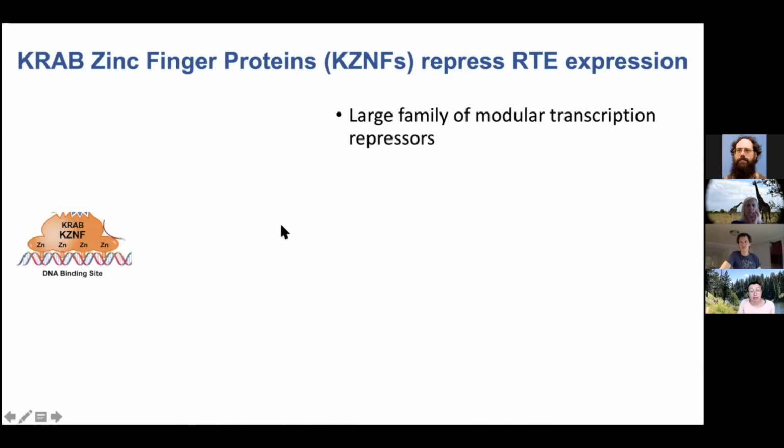One of the major ways is through a large family of transcription factors called the KRAB zinc finger proteins.